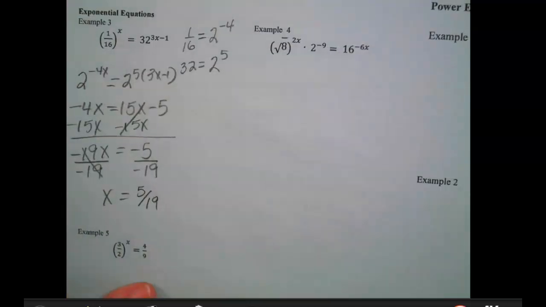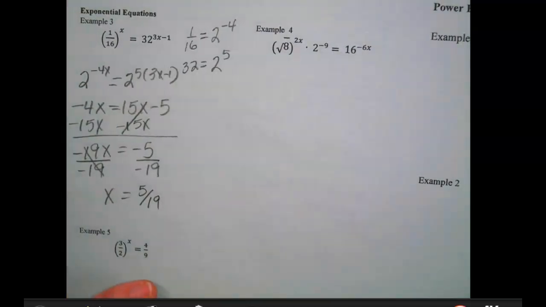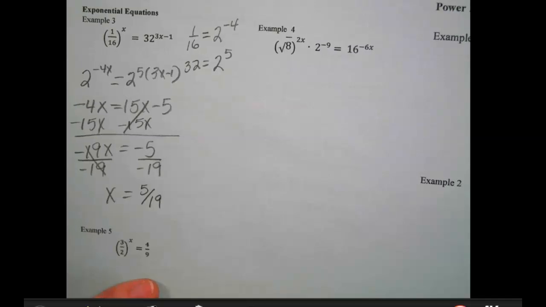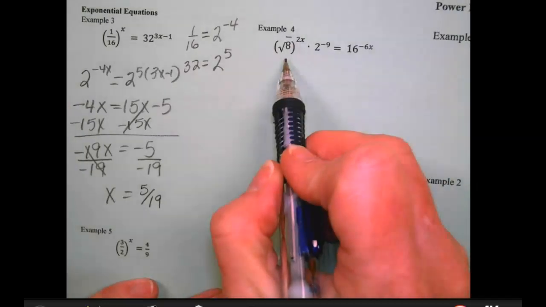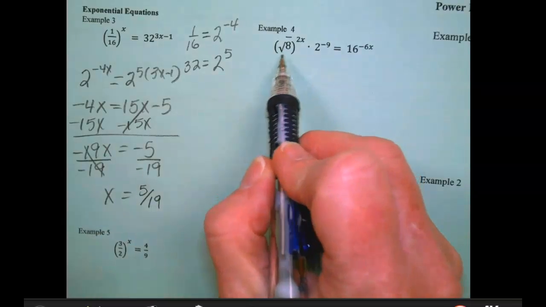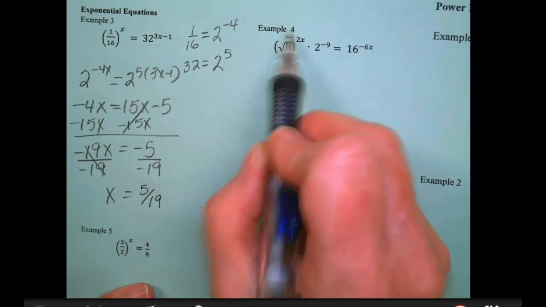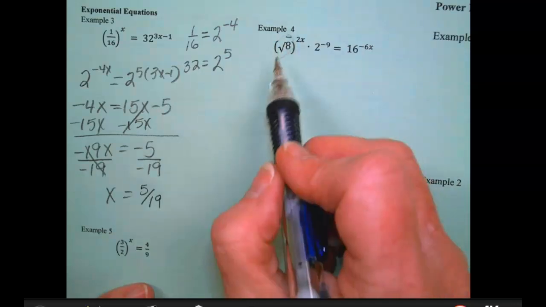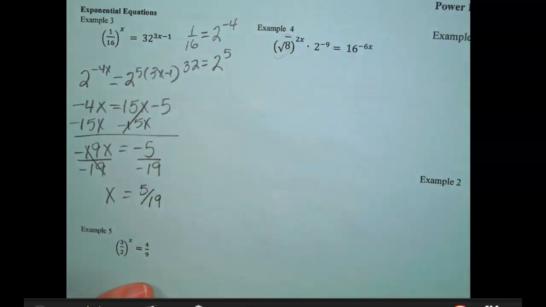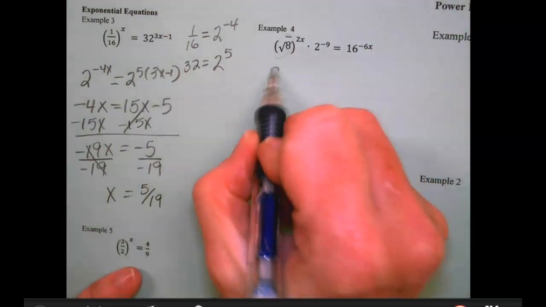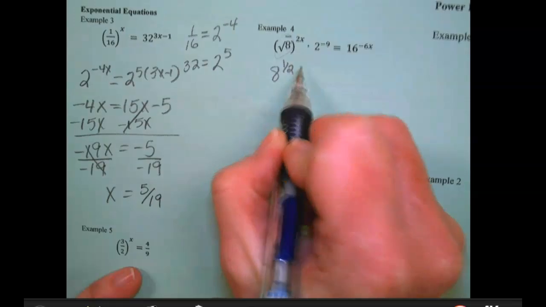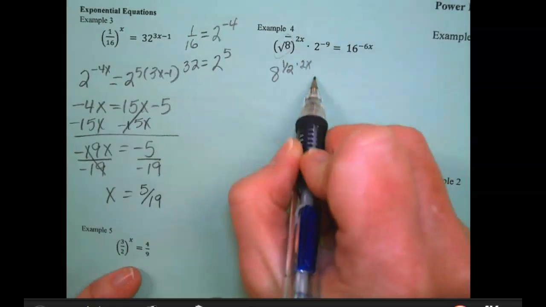Everybody's all right? Okay. So for the next example, y'all, I've done this a couple different ways. So I think the easiest way for me to show this to you, first of all, this is the square root, correct? And that means the index is 2 and the power on 8 is 1. So I'm going to write it as 8 to the 1/2 times 2x.